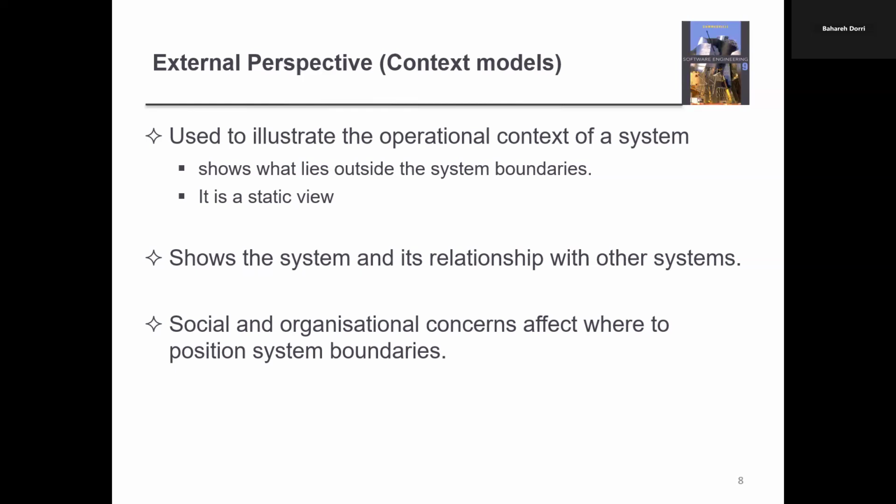And lastly, something that's often overlooked but very real, social and organizational concerns, which can affect how we draw these boundaries. Sometimes, due to internal politics and regulations or how departments are structured, we may need to adjust where those boundaries go, even if it is not the most technically efficient setup.